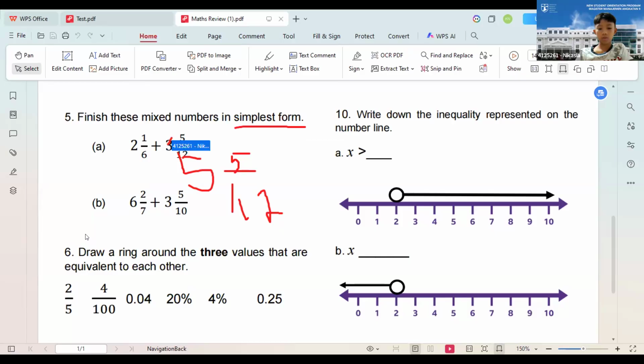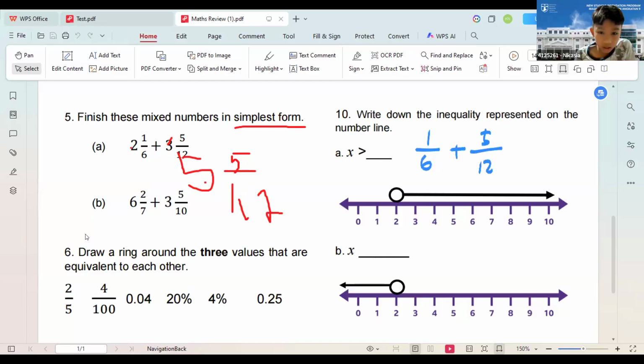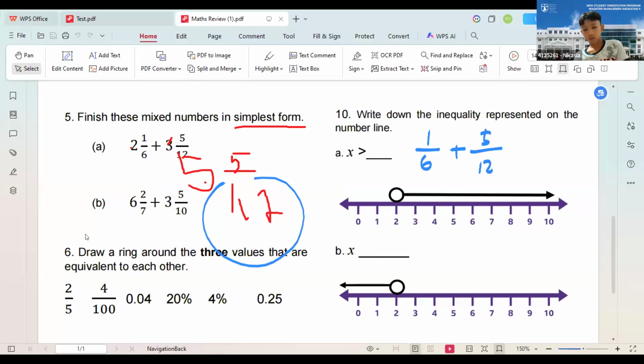Because 2 plus 3 equals 5, and then we need to multiply it because you just add 1 over 6 and 5 over 12. Is that right? Yeah. So why is the denominator 12? I think we should multiply it. We need to multiply it like what?